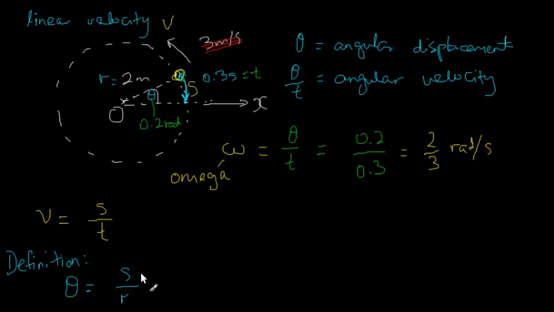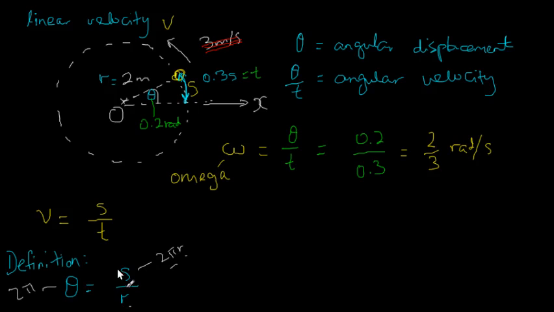If that's the whole circumference, the arc length would be 2 pi r, and we know that the angle all the way around in radians is 2 pi. So the formula works, because on the left hand side you have 2 pi, on the right hand side you have 2 pi r over r, and r cancels, and that gives you 2 pi.